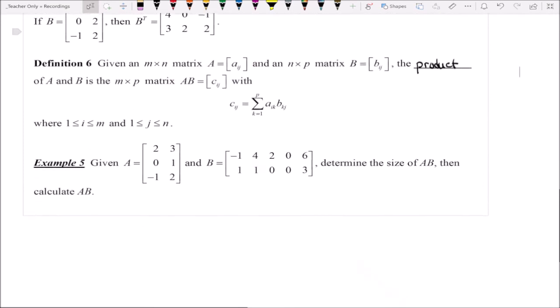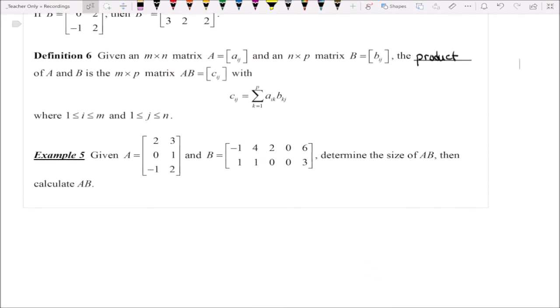In order for a matrix product to be defined, the number of columns of the first matrix must equal the number of rows of the second matrix.